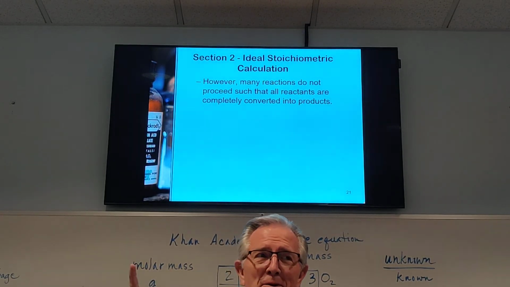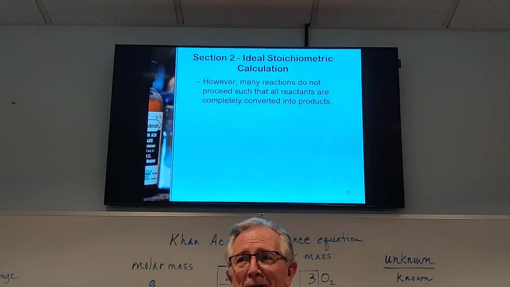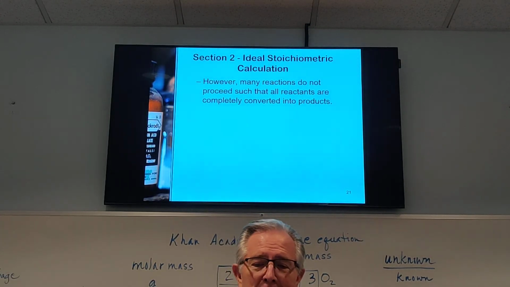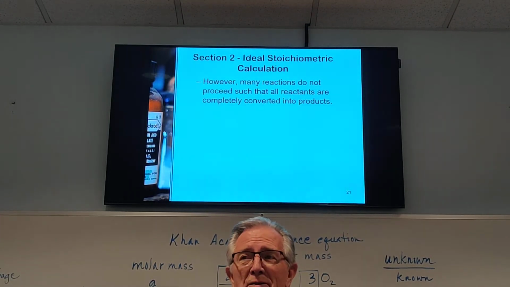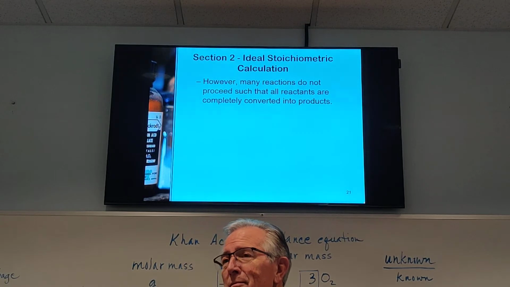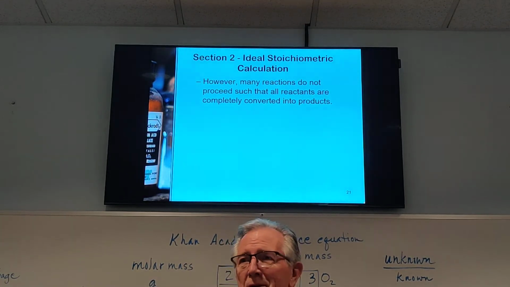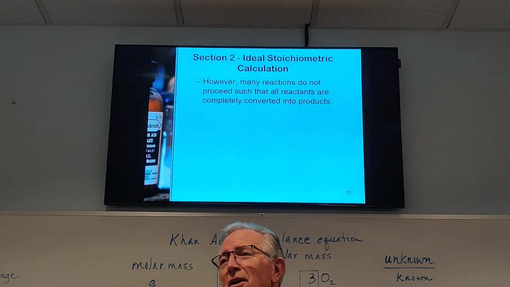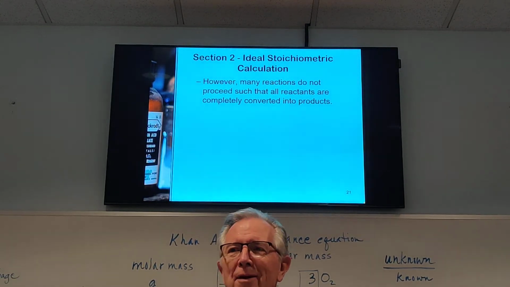In theory, it should be 2 grams, but maybe in real life it doesn't come out to quite 2 grams. Like for instance, most of these things that you're going to be making are going to be precipitates. Maybe not everything precipitates. Maybe some of the precipitate is still soluble in water, so you only get part of it.